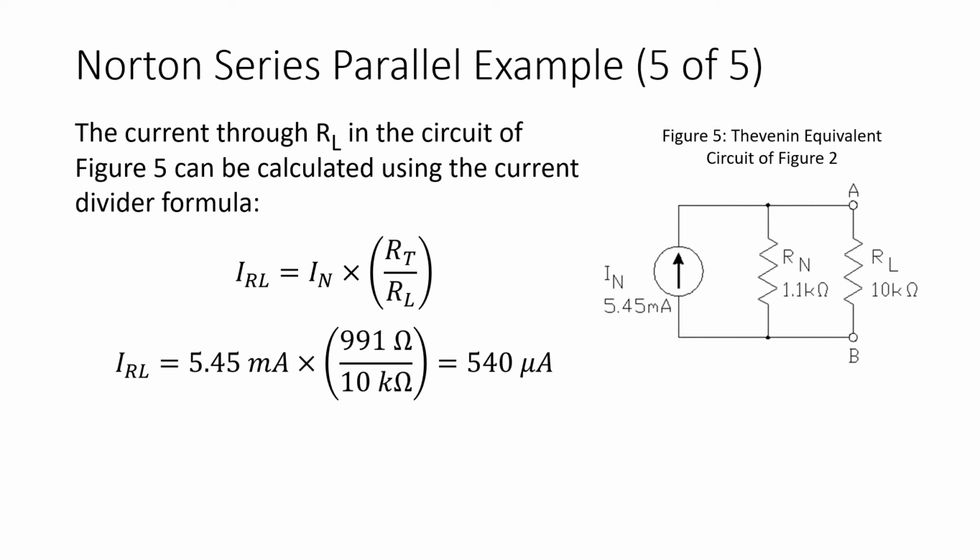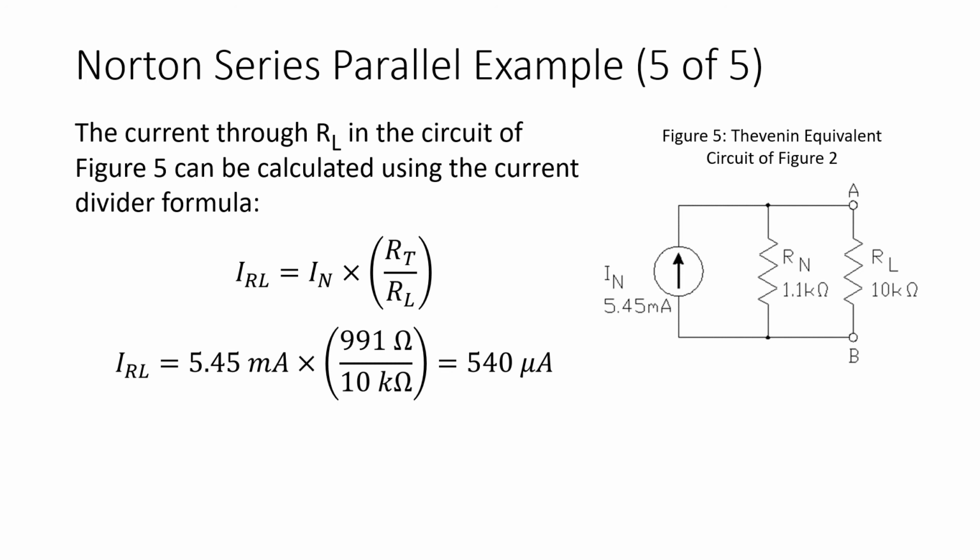Now we can calculate the current through resistor RL by using the current divider formula. IRL equals I Norton times R total over RL. Again, this is our current divider formula. So IRL equals 540 microamps.